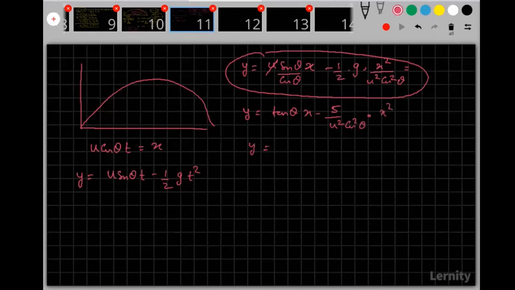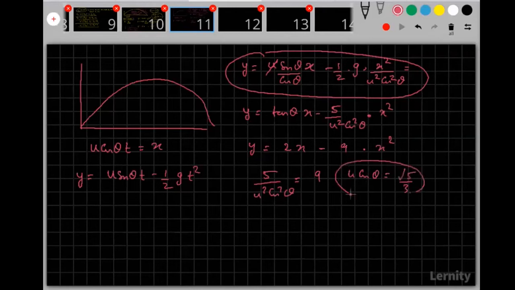Now the equation given is 2x minus 9x squared. So here you have 5 by u squared cos squared theta is equal to 9. So cross multiply, and you will get u cos theta is equal to root over of 5 by 3. This is one equation that I have. Then you have tan theta is equal to 2.